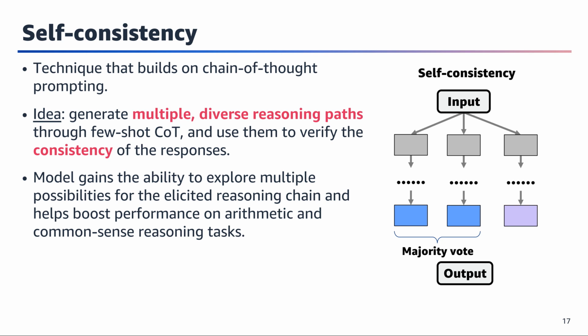This can help boost performance on tasks that require arithmetic and common-sense reasoning. The key advantage of self-consistency is that it allows the model to cross-check its reasoning across multiple paths, mitigating potential biases or weaknesses that could arise from relying on a single line of reasoning. By verifying consistency across diverse paths, the model can arrive at more accurate and reliable predictions, especially for complex reasoning tasks.